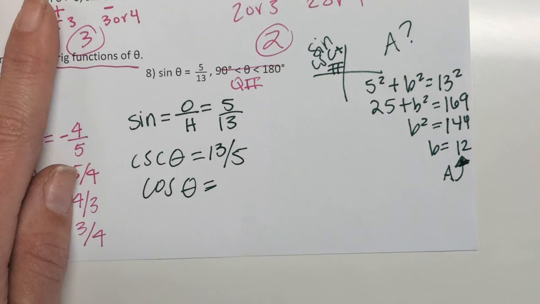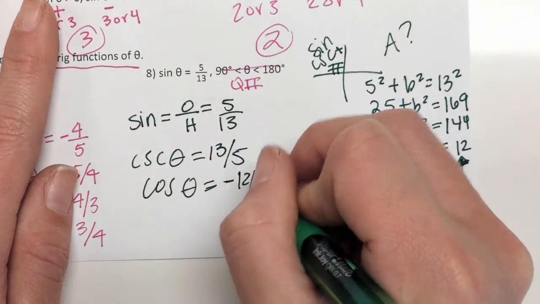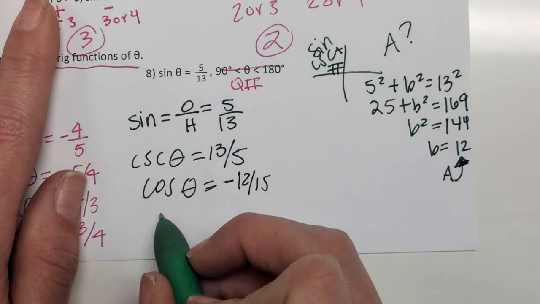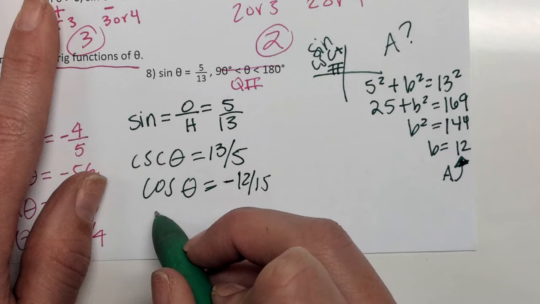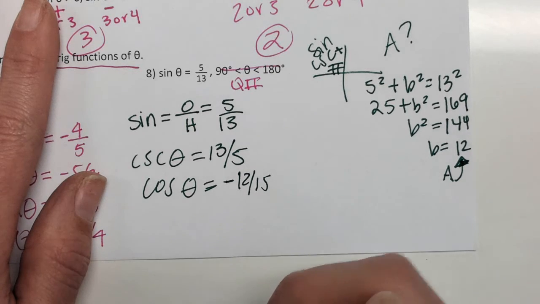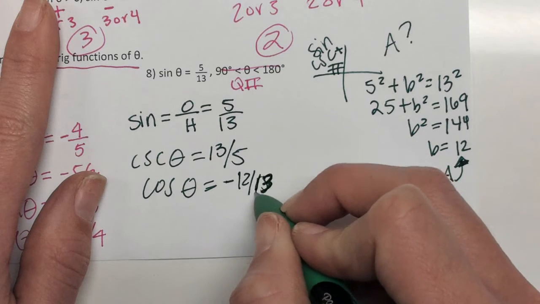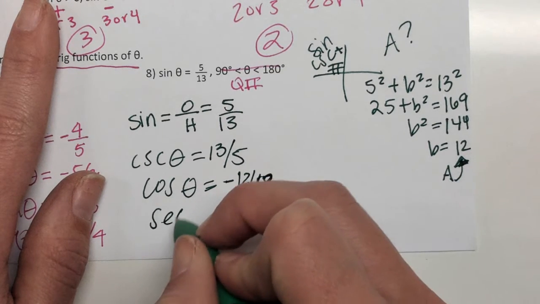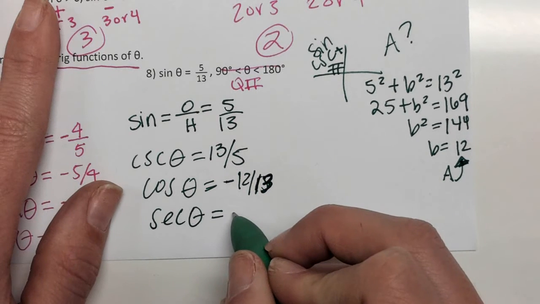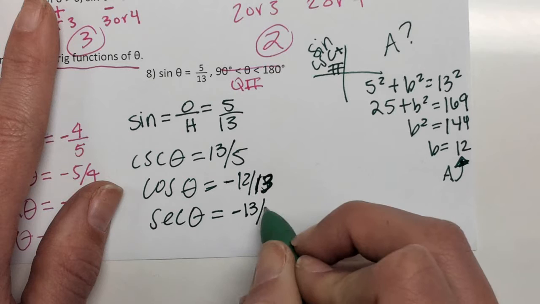It is 12 over 13, but we need a negative. Remember, because this is in quadrant 2, cosine is going to be negative. That means what goes with cosine? Secant. And what would secant be? Good, you just swap them.